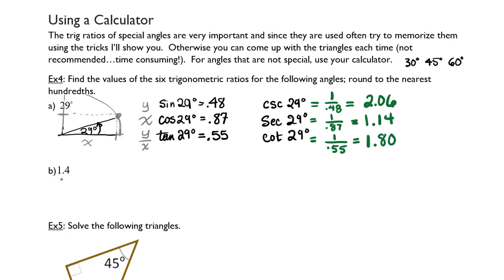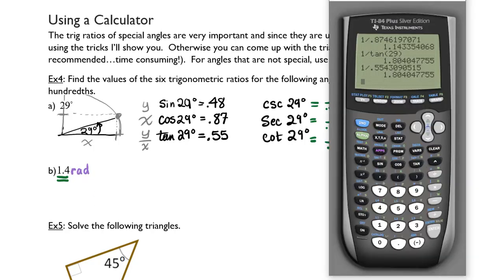Now, the question is, what is that? From the context of this section, we know that this should be an angle, but it does not have any degrees on it. So all we're given is this thing that's 1.4. So we have to assume that it is in radians. Before we do anything else, take your calculator, clear your screen, go to mode, and go back to radians.